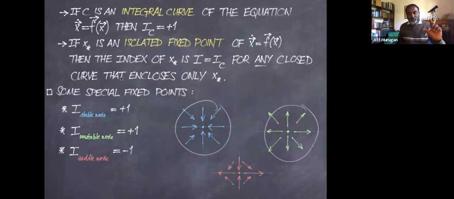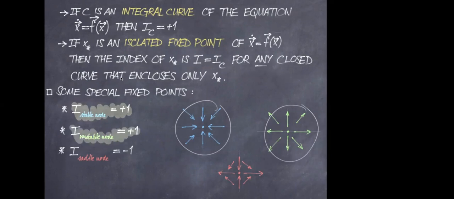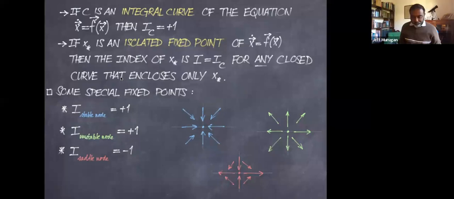I've taken each of the vectors and I've just flipped them, right? That's an overall minus sign in front of f of x. So if the index of the stable node was +1, then the index of the unstable node must be +1 as well. Okay, thanks. All right, good.